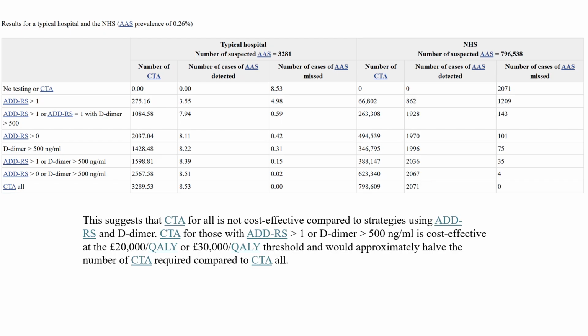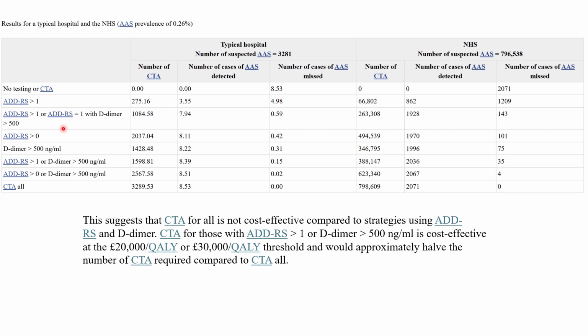So it depends. What they write here is that this suggests that CT angiography for all is not cost effective compared to strategies using ADRS score and D-dimer. CT scans for those with an ADRS of more than 1 and D-dimer more than 1 is cost effective at the 20,000 pounds per quality adjusted life year threshold, with approximately half the number of CT scans required compared to CT of all.